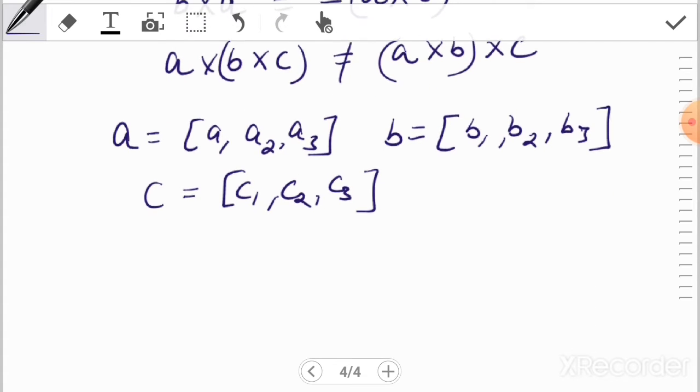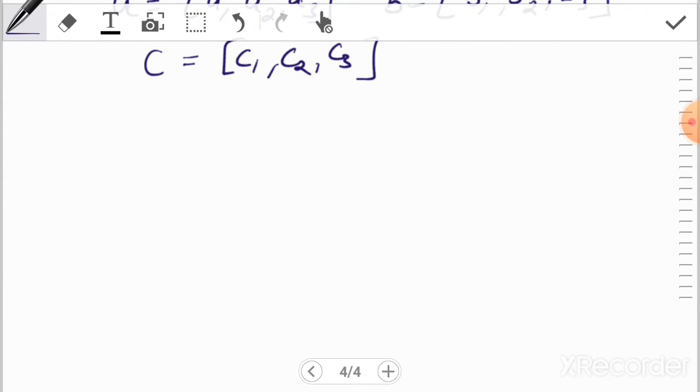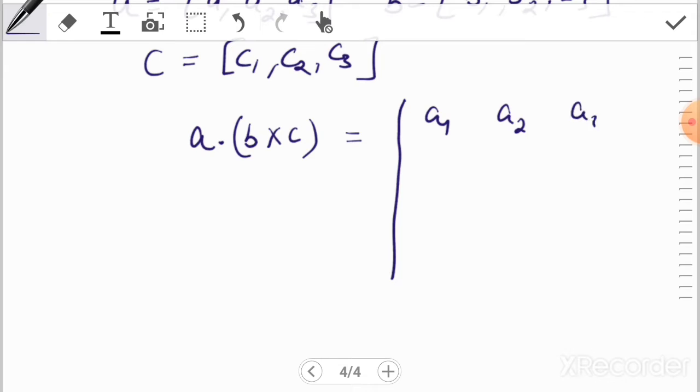Scalar triple product is defined as A dot B cross C. We can express this as the expansion of a third order determinant A1, A2, A3, B1, B2, B3 and C1, C2, C3.